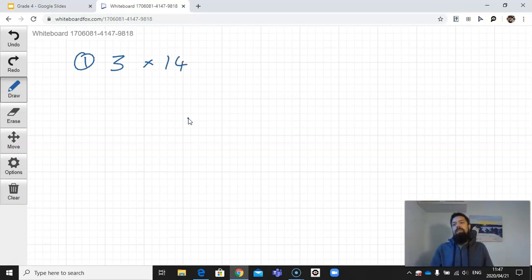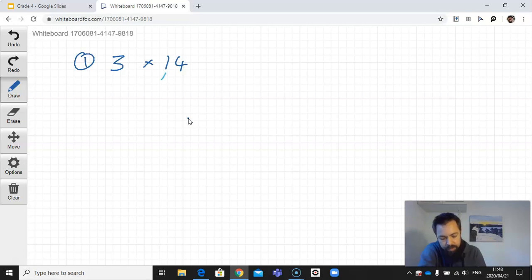Now perhaps you can do that because you can do your 3 times table up to 12, and then you can add 3 and you'll get to 14 times 3 because we can switch them around if we want. But I'm going to teach you a way that we can break the number up and hopefully you'll be able to get there quite easily.